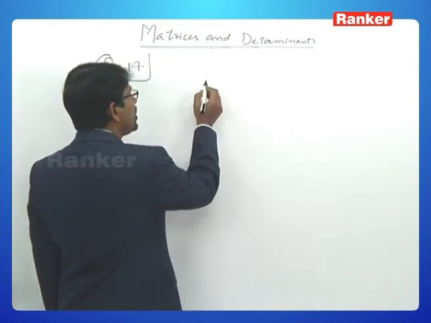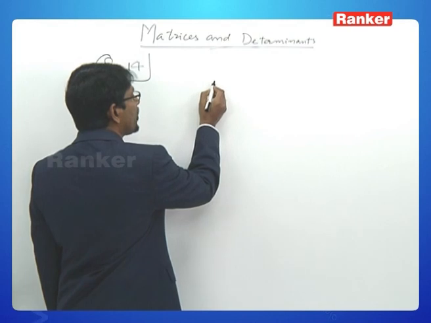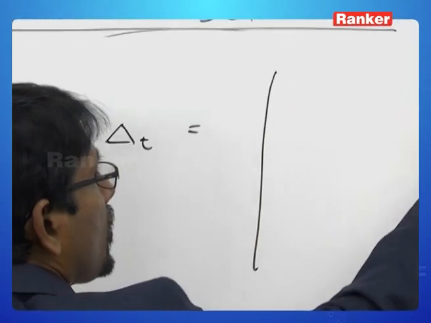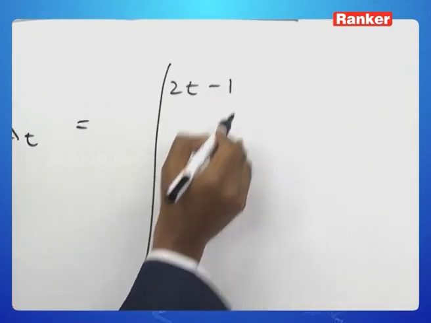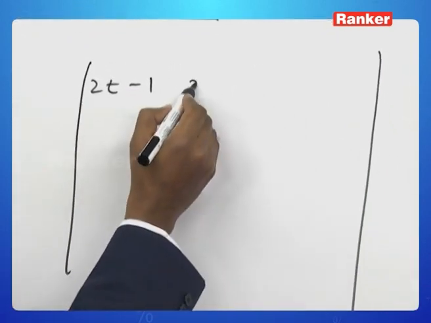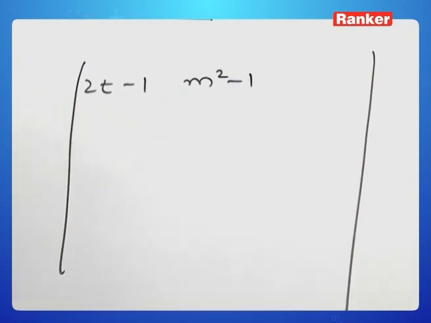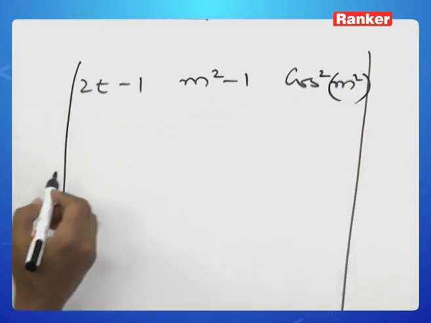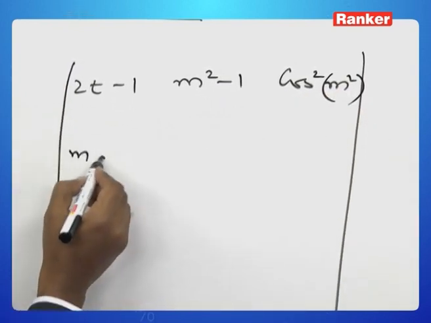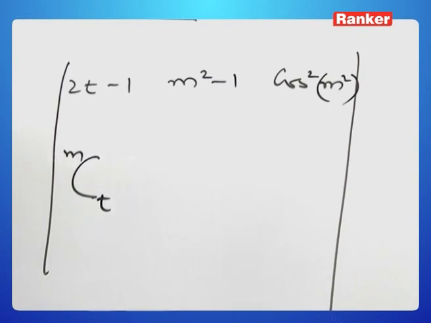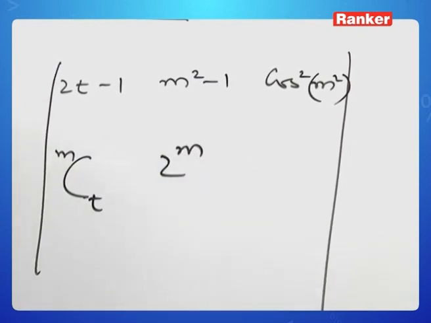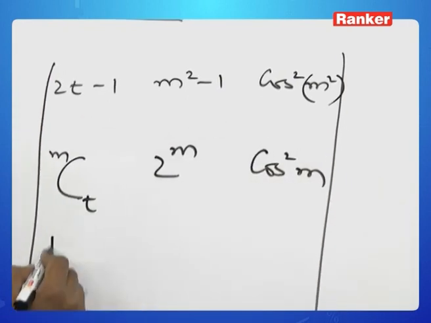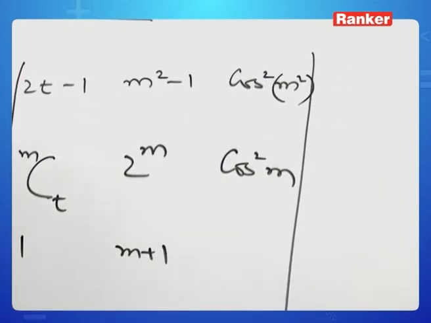Okay, so that makes it here delta t: 2t minus 1, m square minus 1, cos square of m square, and here we have mct, 2 power m, cos square m, 1, m plus 1, cos of m square.